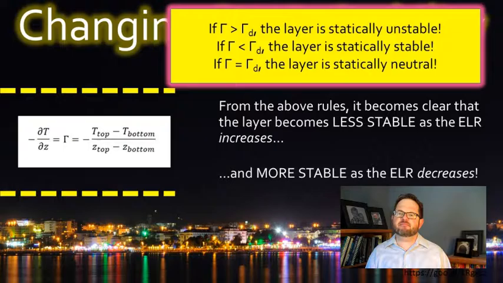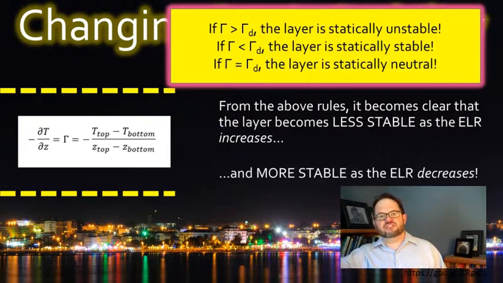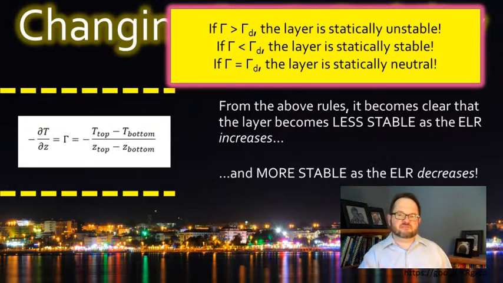Oh, I see. From the above rules, it becomes clear that the layer becomes less stable as the ELR increases and more stable as the ELR decreases. Bigger numbers of the ELR mean that layer is less and less stable, and smaller numbers, including negative numbers of the ELR, mean that the layer is more stable.